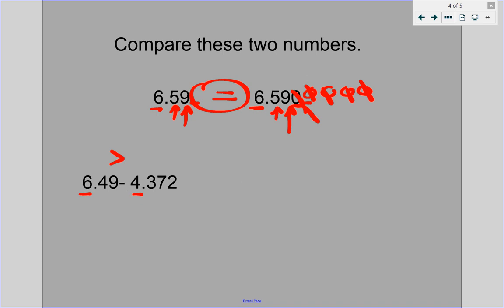Now, when you're going to subtract here, we have 6 and 49 hundredths minus 4 and 372 thousandths. All right. Well, if the number on top has a blank space here, that's like having nothing there, right?